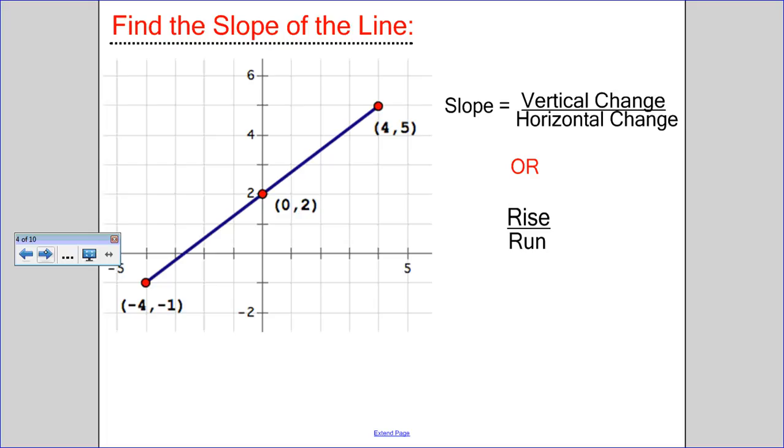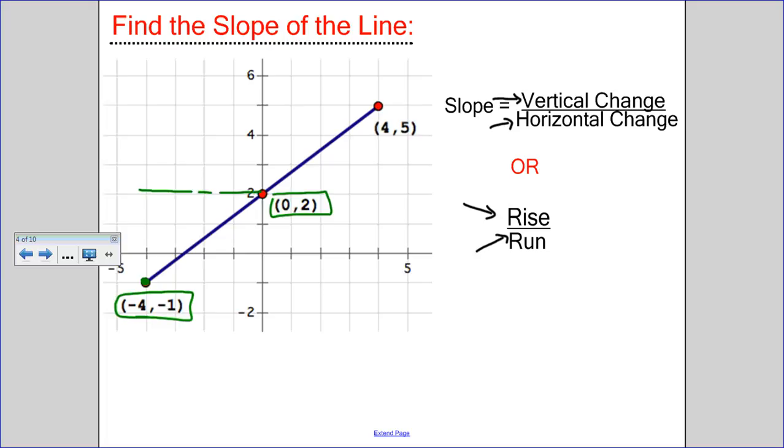Yesterday, we talked about slope as vertical change over horizontal change. Another way to say vertical over horizontal is to say our rise over our run. Let's try and find the slope from point -4, -1 to 0, 2. When it says rise, that means we start at our bottom point and we count up as many times as we can until we reach our second point.